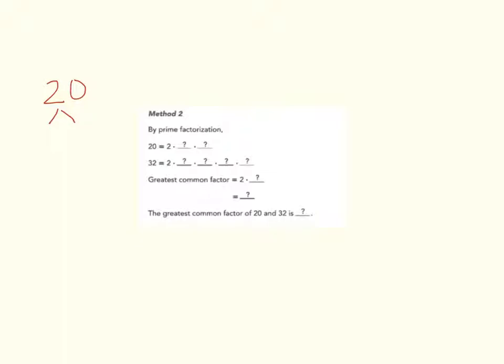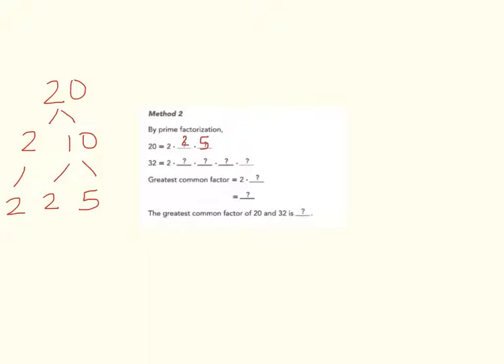Our least prime factor is 2, which leaves us with 10. Carry down our 2 so we don't forget it. The least prime factor of 10 is 2, leaving 5. 5 is prime, so our prime factorization of 20 is 2 times 2 times 5.